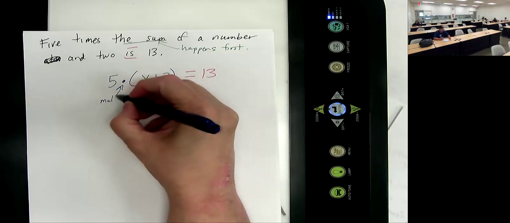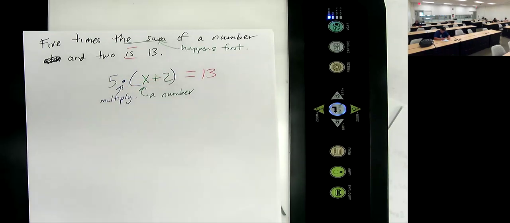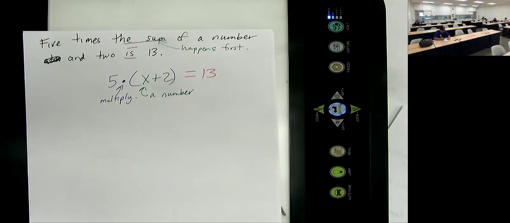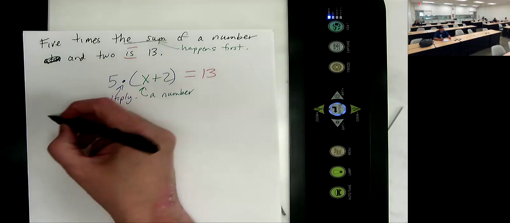We use dots for multiply. So we're going to translate it to be a pain, as you'll see.